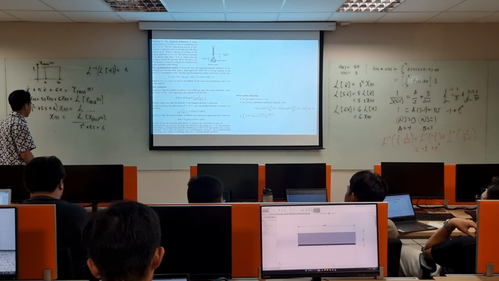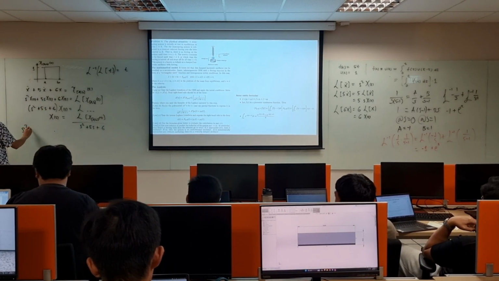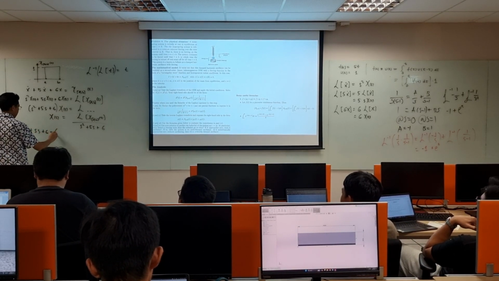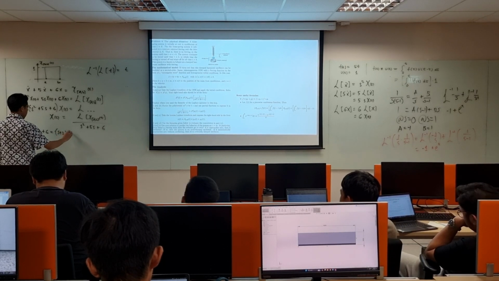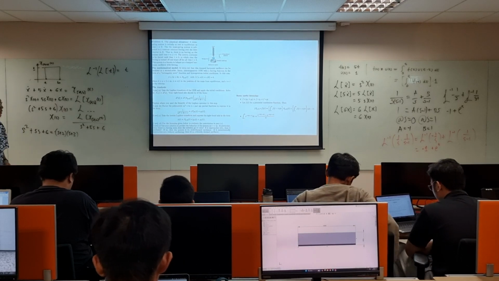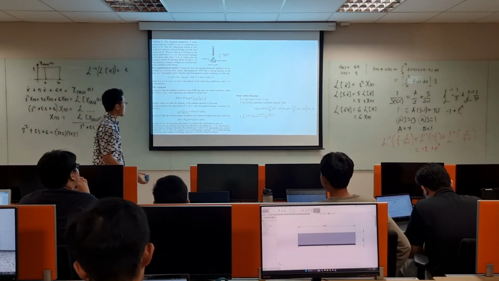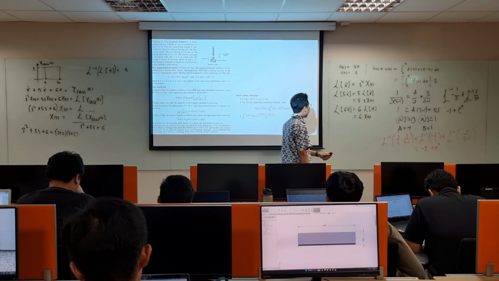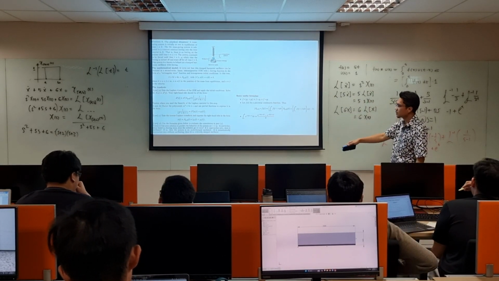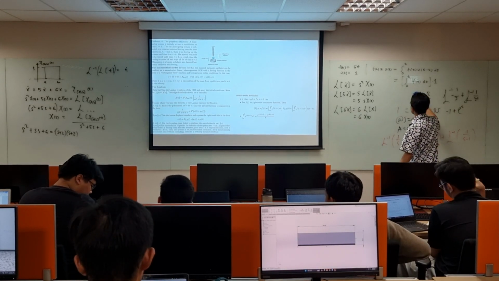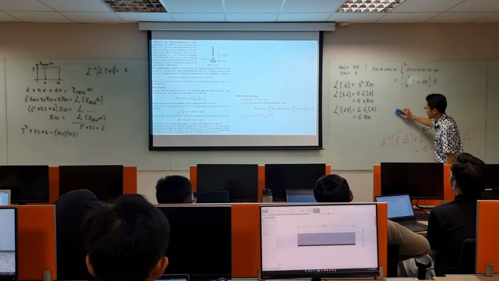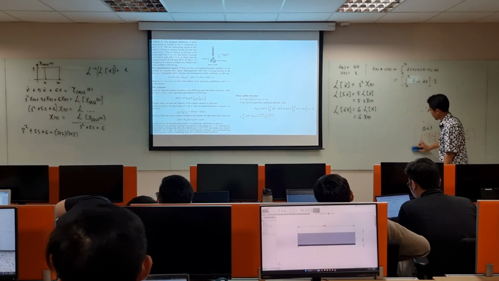It becomes S plus 2 and S plus 3. You have to do the partial fraction so that you find what is G1 and G2.